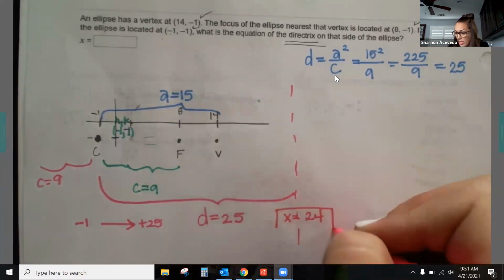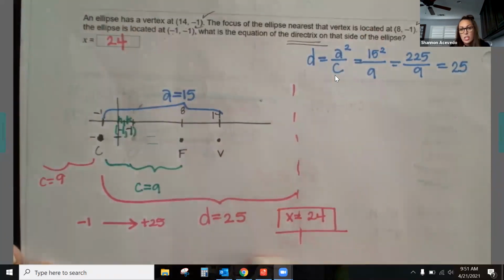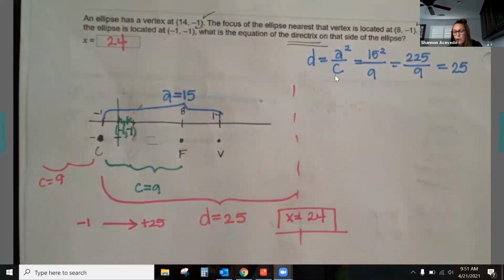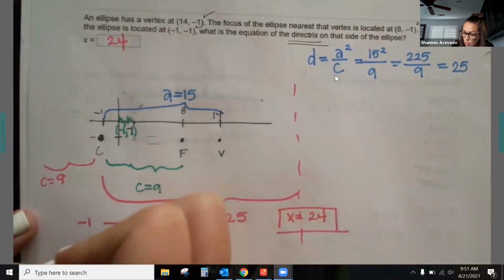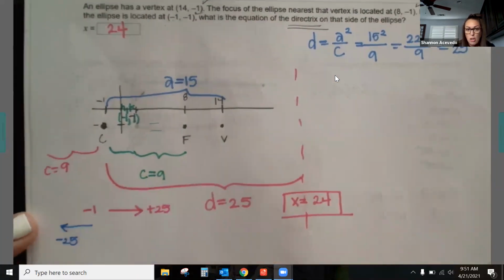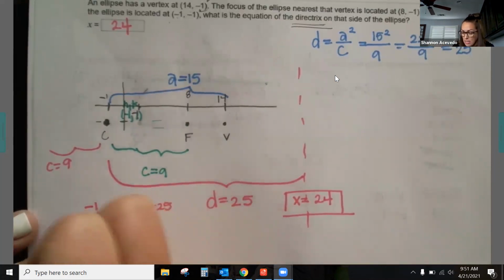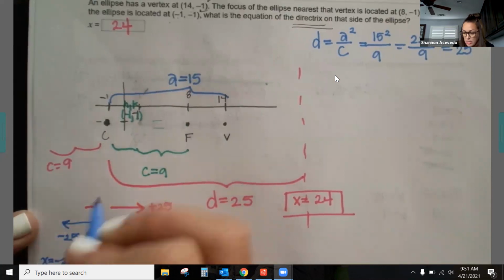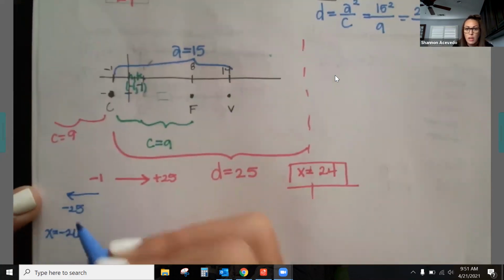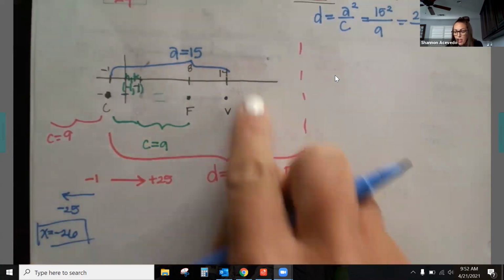And this is the equation that they're looking for: x is equal to 24. So I would have a directrix here. I would also have had a directrix that went negative 25. So if I was going to go to the left, that would be at x is equal to negative 26. So negative 25 and my negative 1. So it would also be at negative 26, but they wanted the one that's by this vertex.